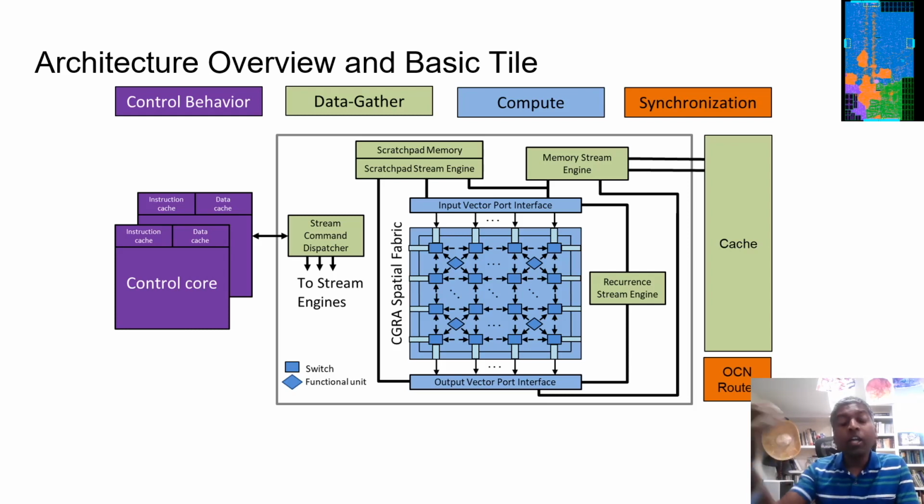But inputs are in terms of data streams, and these data streams are decoupled from the CGRA itself, allowing them to reside either in a scratchpad memory or in a full hardware managed level 2 cache. This is important because as model sizes grow and multiple models execute, it's better to have an architecture that supports that dynamism.